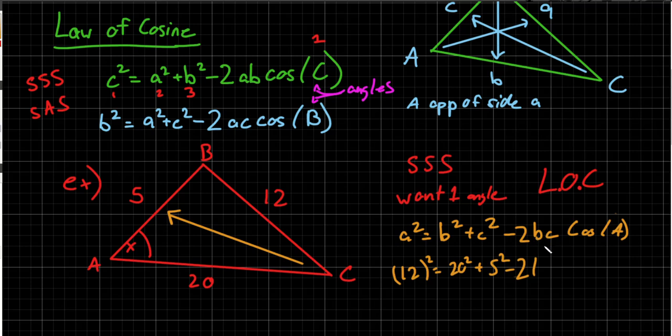Side B. Opposite of angle B. 20. So what's C? 5. Yeah, 5. And I want cosine of x. For A, would it be 12? Well, angle A, no. That's what x is. Side A is 12. Yep, we're trying to find for x.